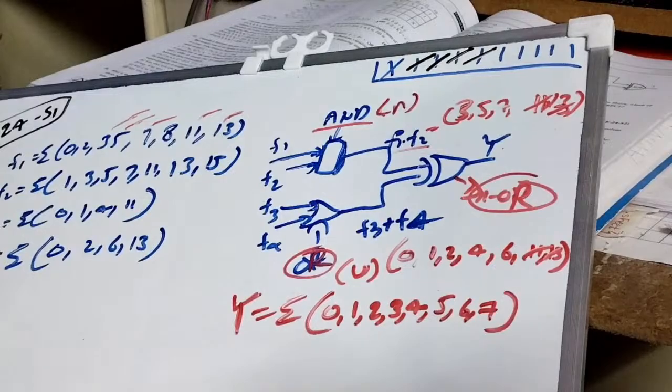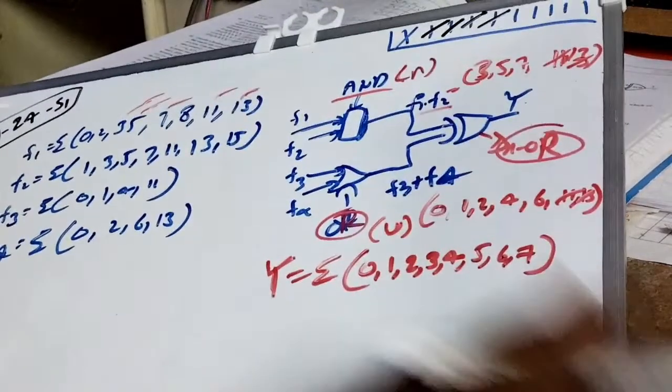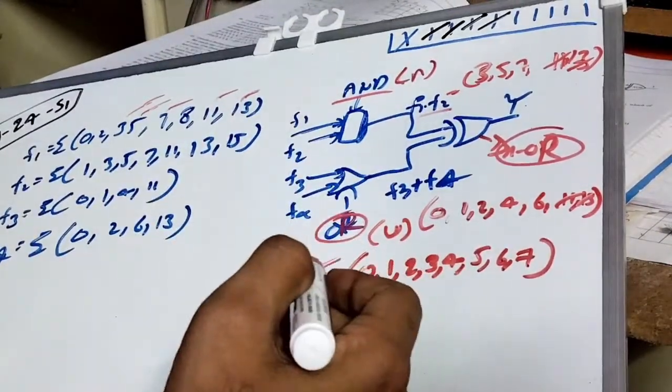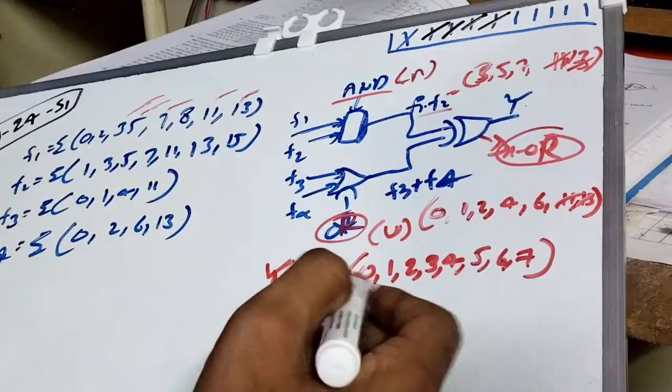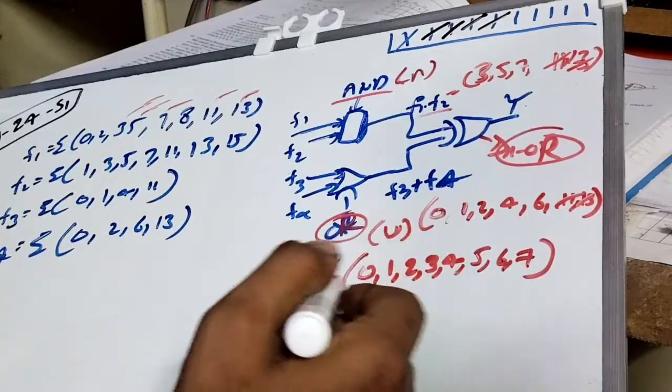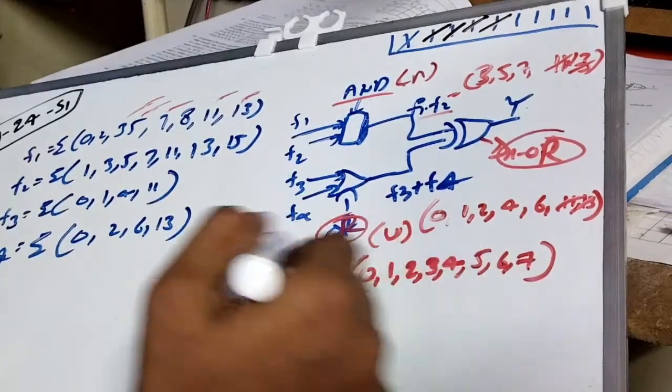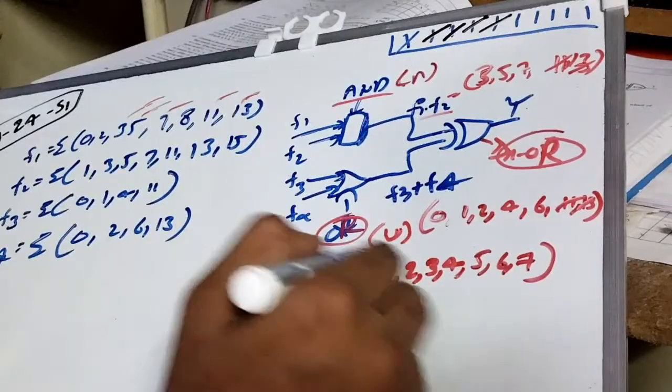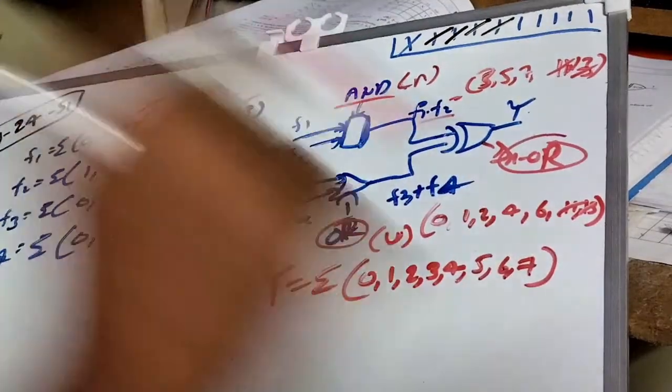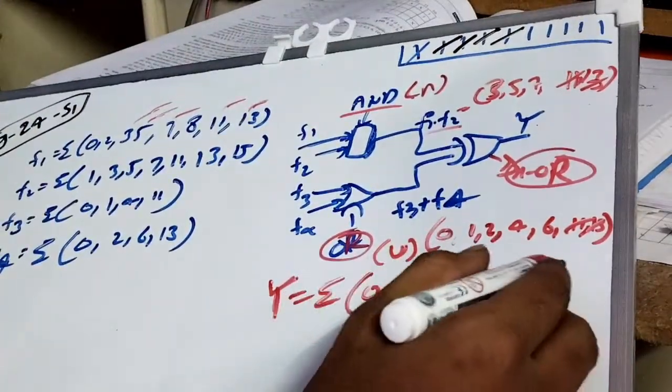This is a 4 by 4 K-map, a four-variable K-map, and we got y as a three-variable full K-map. So this should be the answer.